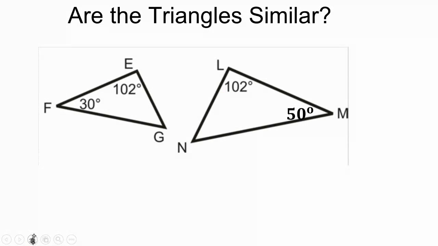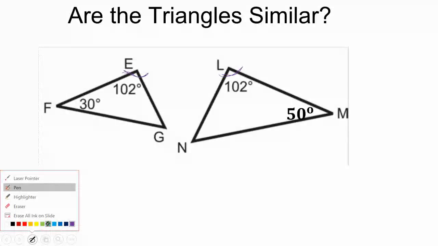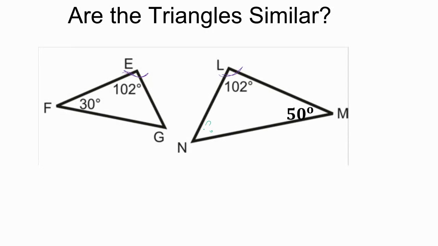Okay, so let's look at this one. Well, it appears like they might be similar because we have this one that's congruent to this one. But how many degrees is this one? So this must be 30 degrees in order for these two to be similar. All right, so we're going to use 180. We're going to subtract this degrees, which is 102, and we get 78.